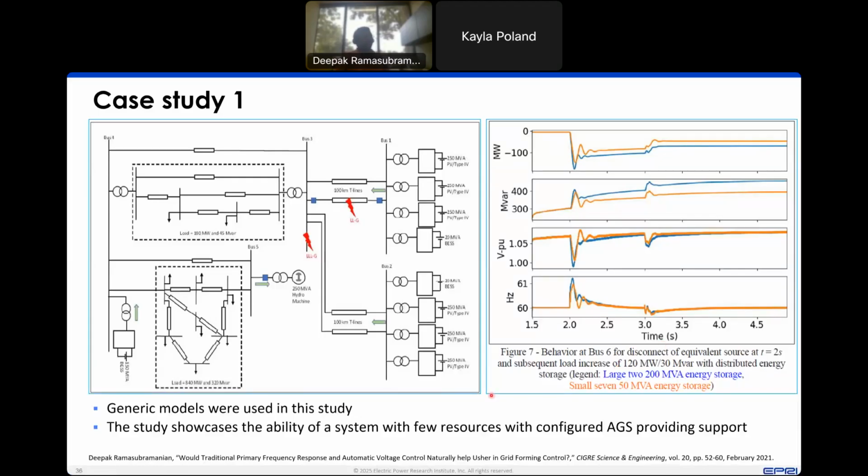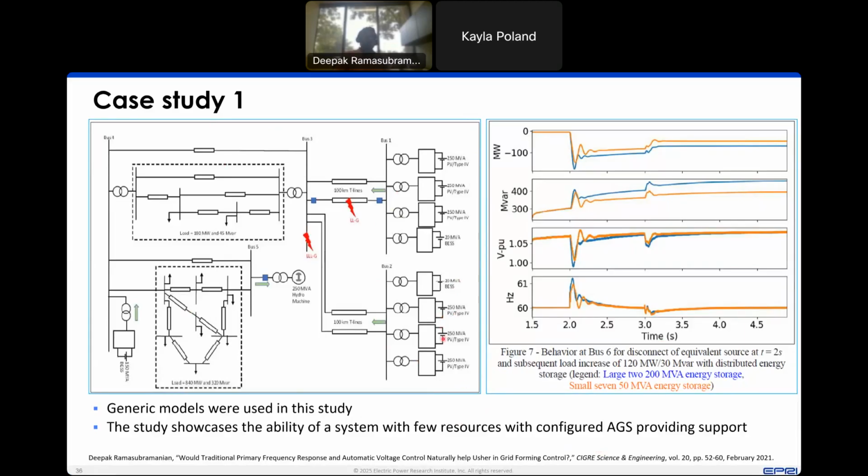The first study is something that we did a few years back, when we started investigating this concept for the first time. This is a toy system. It has two load centers, with PV and wind connected through long transmission lines. There's a paper here, which anybody who's interested can go read in more detail.